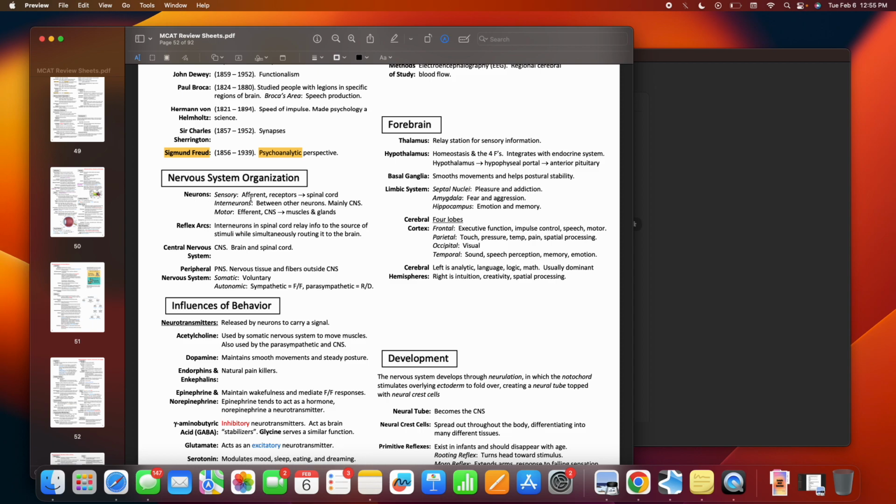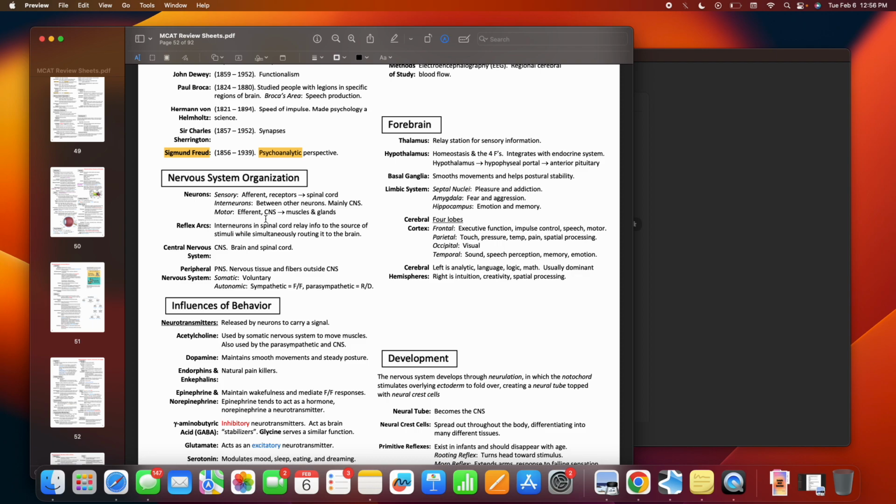So these afferent sensory neurons have receptors that go to the spinal cord. Interneurons are between other neurons, mainly inside the CNS, so spinal cord and brain. And the motor neurons are efferent, inside the CNS, and they attach to muscles and glands.